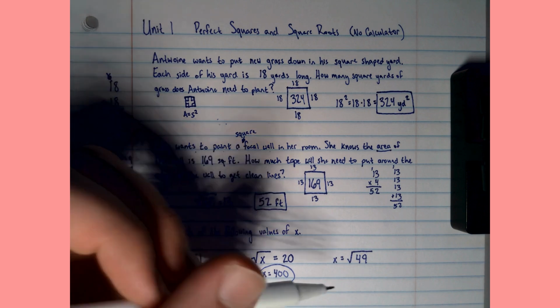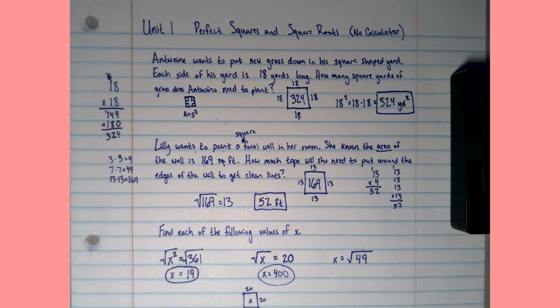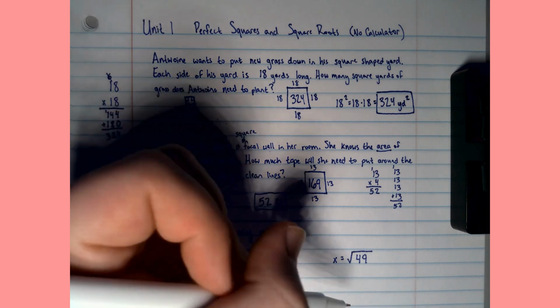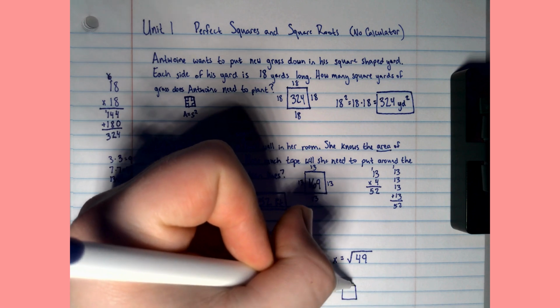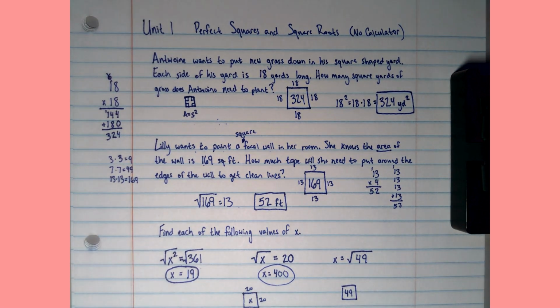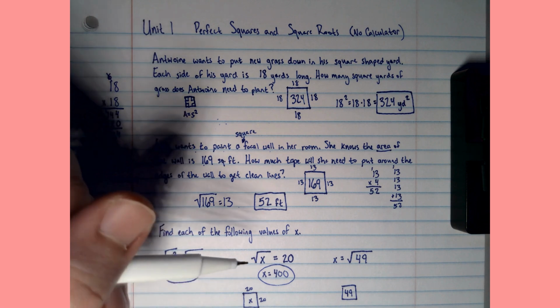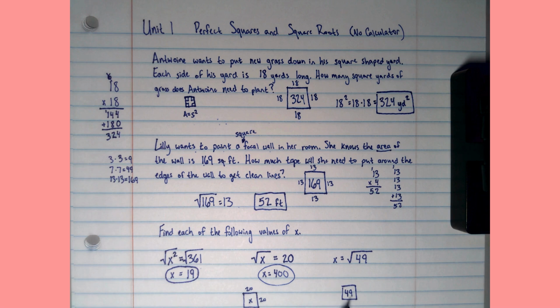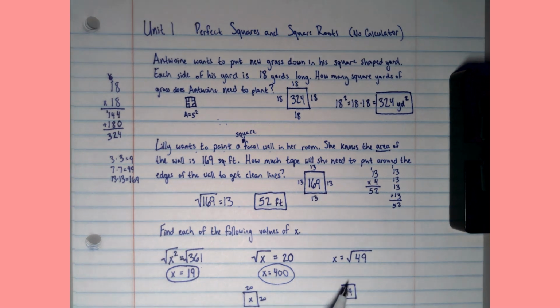Now, last question. x is equal to the square root of 49. Again, what's inside the radical goes inside my square if you need to see it that way. So I'm taking the square root of 49. So if 49 is inside the box, then what can I multiply?